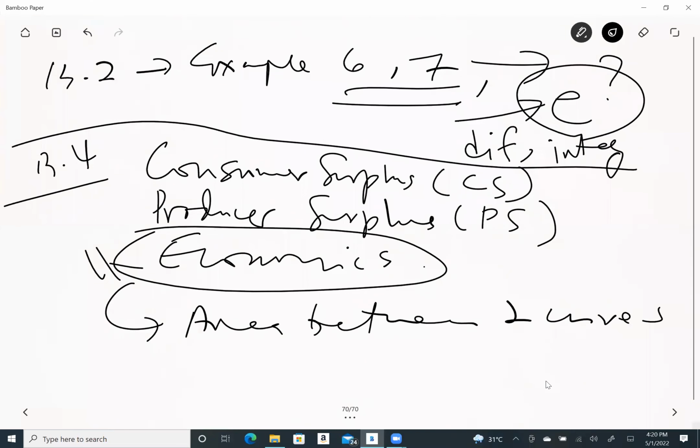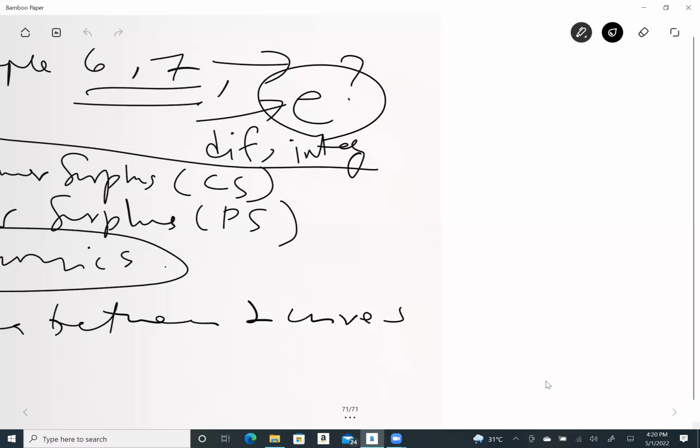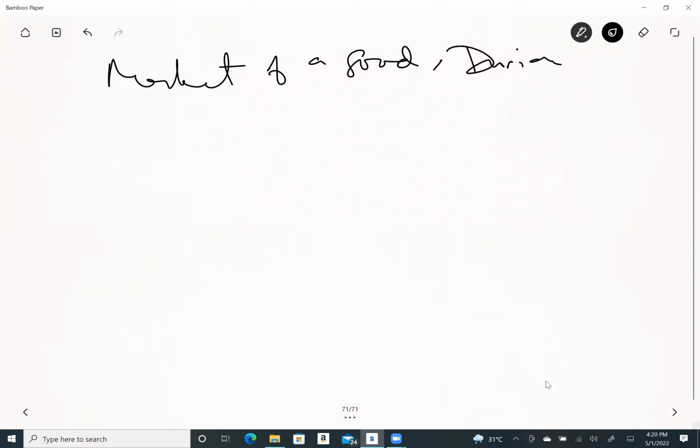In order to get the idea of consumer surplus and producer surplus, we have to go back to the market. Look at the market of a good, say durian, musang king.